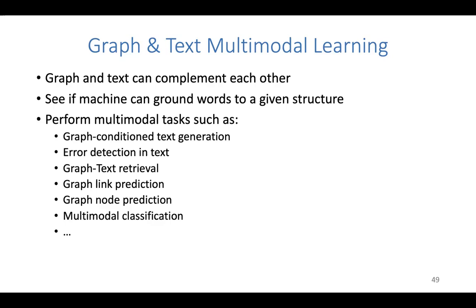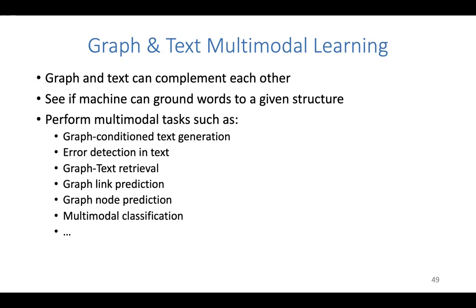You can do the same thing as image-text retrieval: graph-text retrieval, and graph link prediction. For example, based on a given text, you want to see if there should be a relationship between two nodes in the graph, or do node prediction as well. Given the text, you want to see if there should be a node in a certain part of the graph, and if so, what identity the node should have.